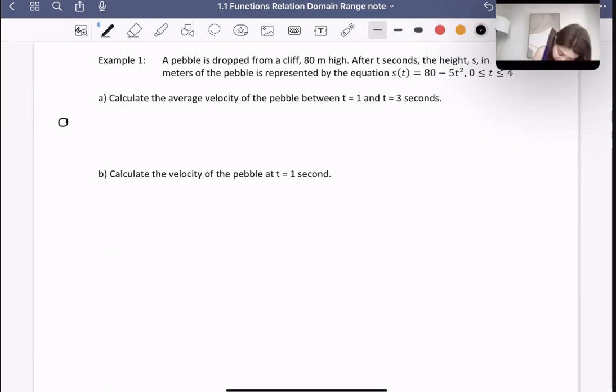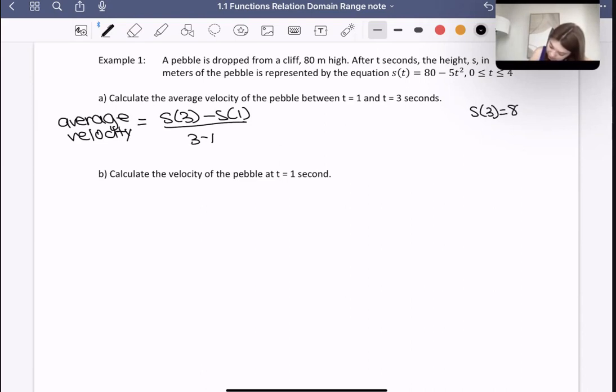So to find the average velocity, that's going to be the slope of our secant line, and that is going to be s of 3 minus s of 1 over 3 minus 1. So what's s of 3? Well, s of 3 is 80 minus 5 times 3 squared, which is 35.